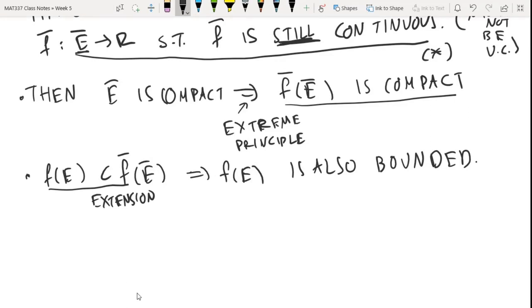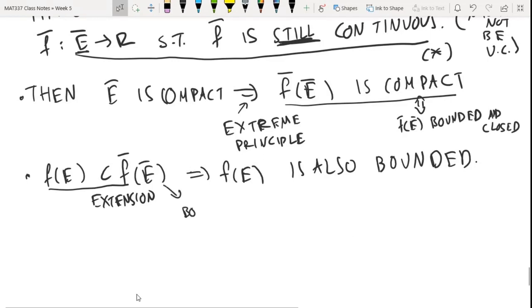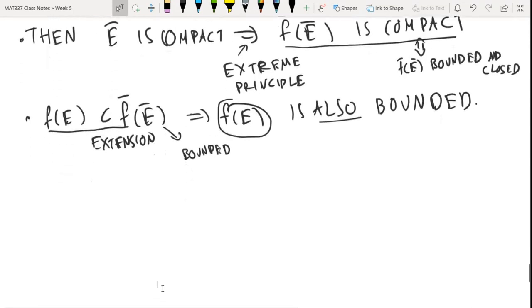And so this is the same as f bar of E bar is closed and bounded. So that means this guy is bounded, and so this guy is bounded. This is a tricky proof. I hope you can follow. All right. So what do we do? Building f bar.